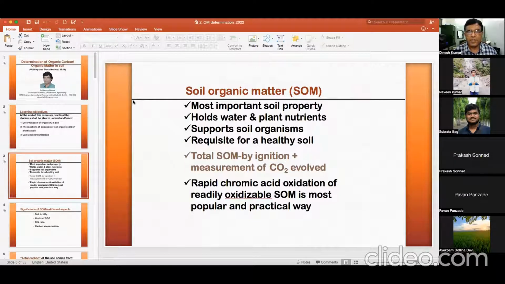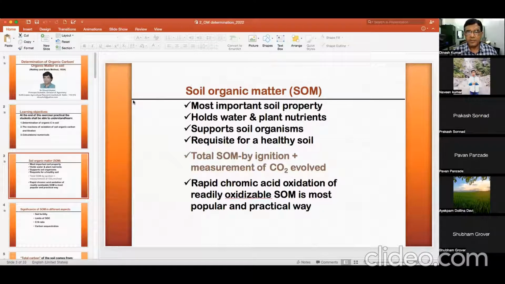So rapid chromic acid oxidation of readily oxidizable soil organic matter is the most popular and practical way. So rapid chromic acid oxidation is the Walkley and Black method, through which we estimate the soil organic matter that can be oxidized by chromic acid.